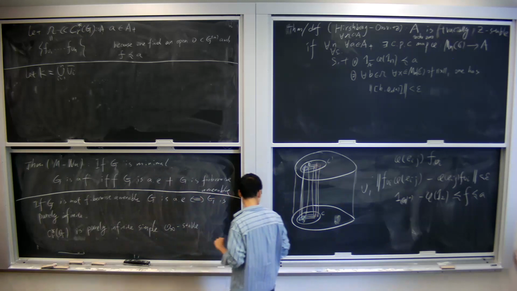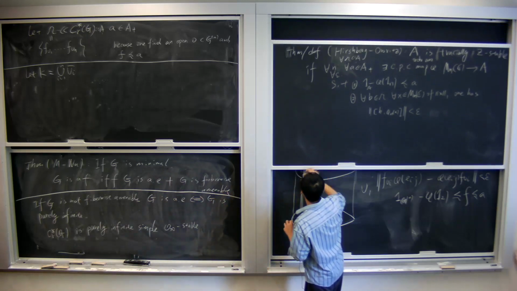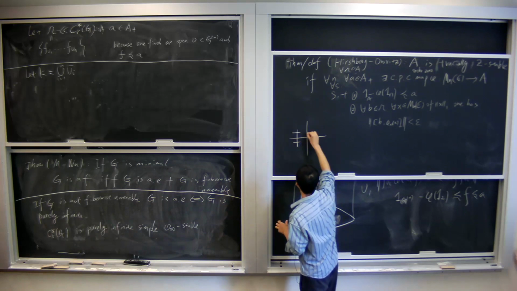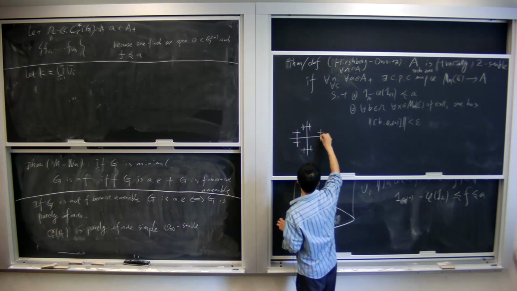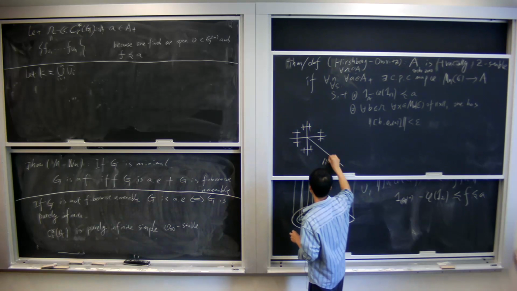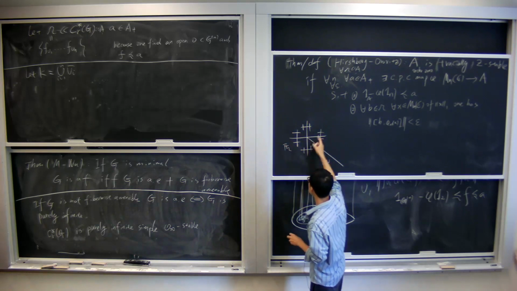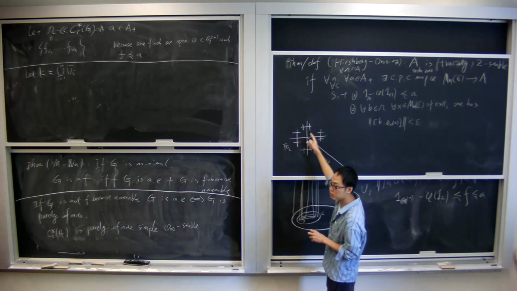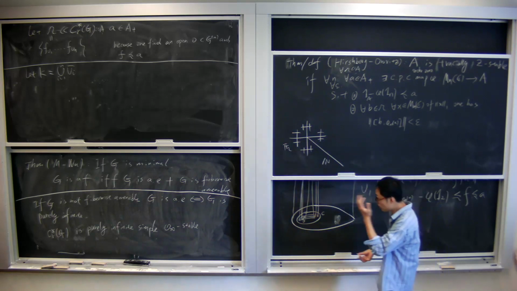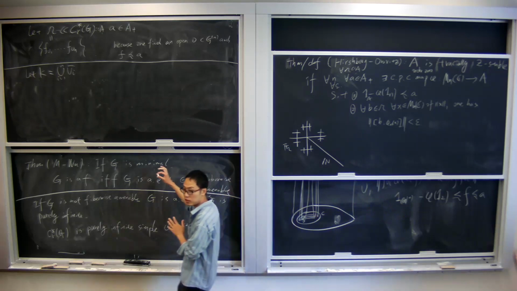For example, like this one, and you add an n here, right? So this is just a copy of F2. So this part is highly non-amenable, but on this line it is amenable, right? So the minimality is important here in the groupoid.